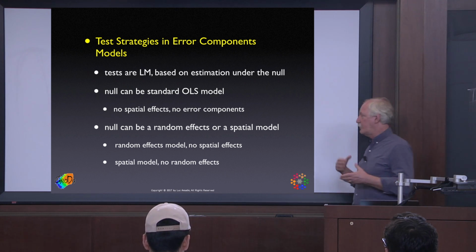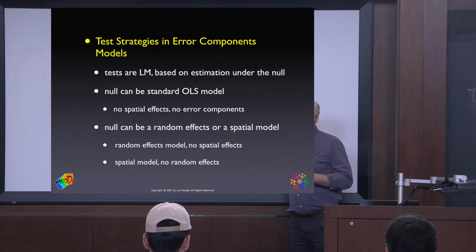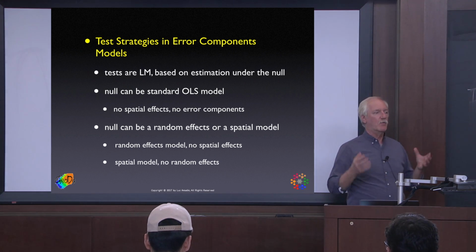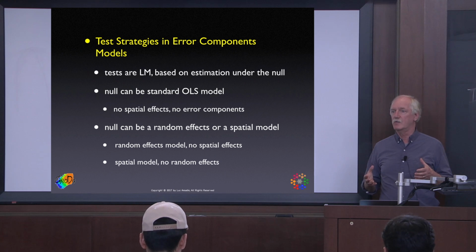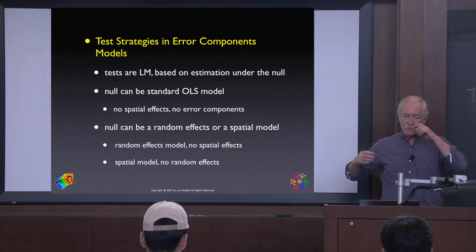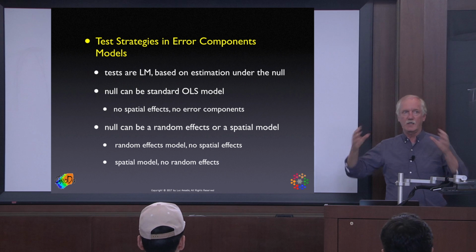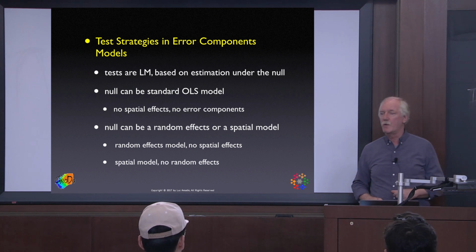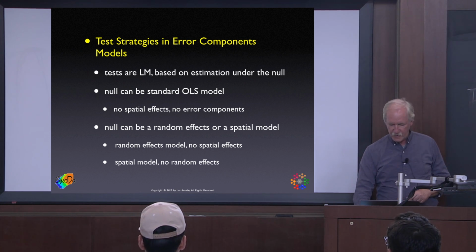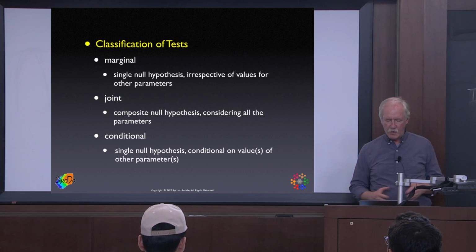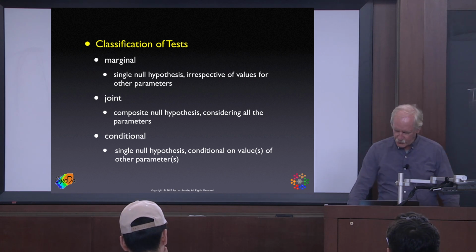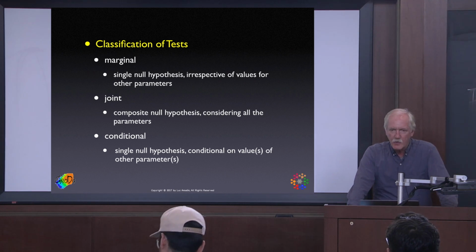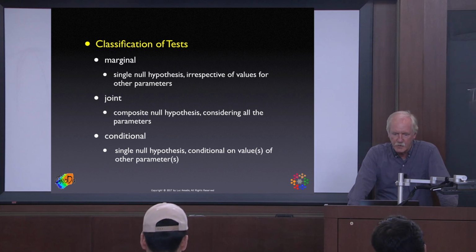Or you have one of the spatial models, and you want to check whether there are any random effects, unobserved heterogeneity that should be taken into account. So you can see very quickly, this yields a whole bunch of different combinations, and each of these has their own tests. The terminology of this is to distinguish between what we call marginal, joint, and conditional tests.